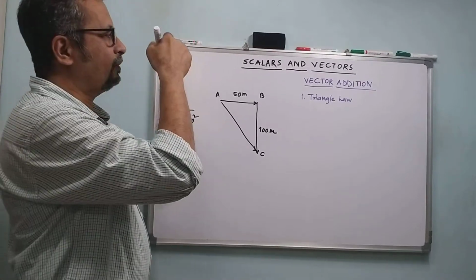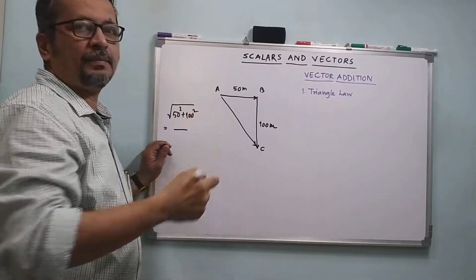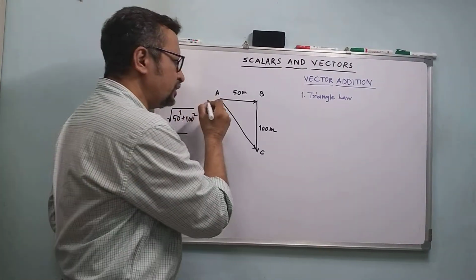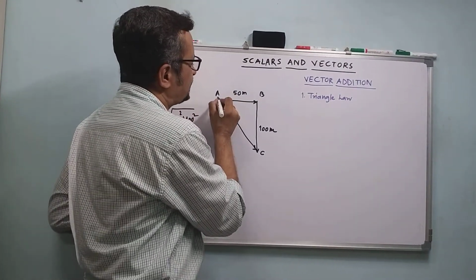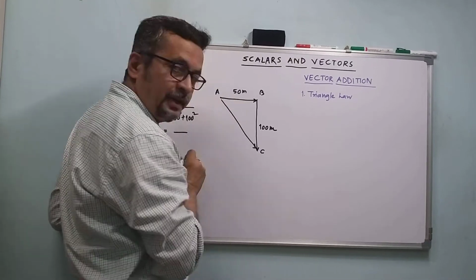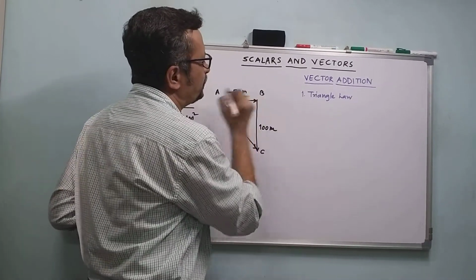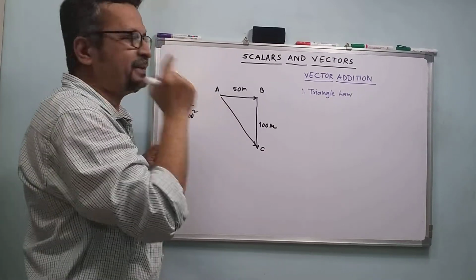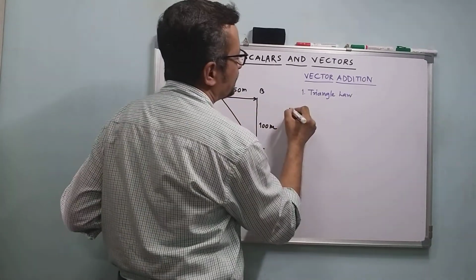Now what I did here, I'm going to make it a law. So I start from my point A and I reach point B. Now this A is called the tail of my vector AB.